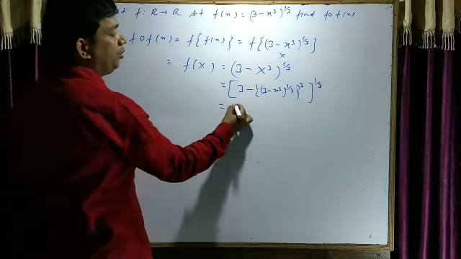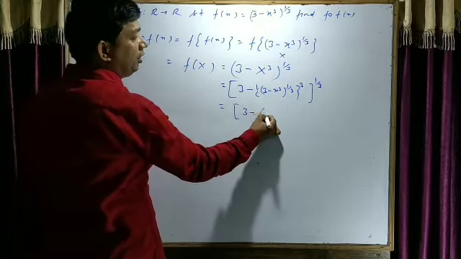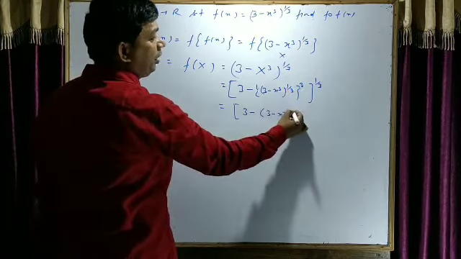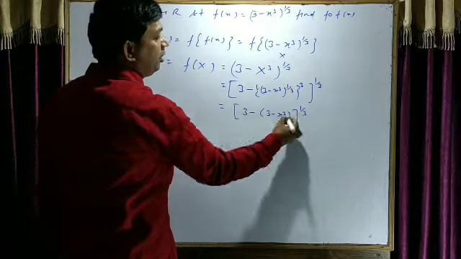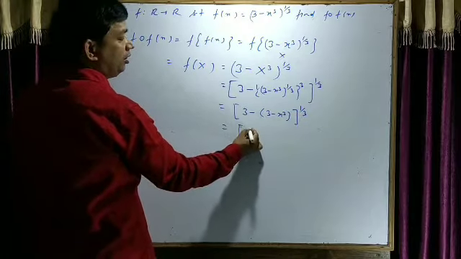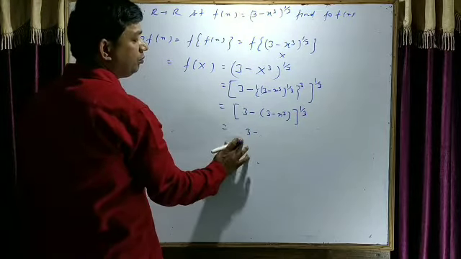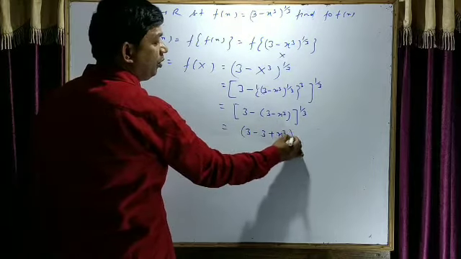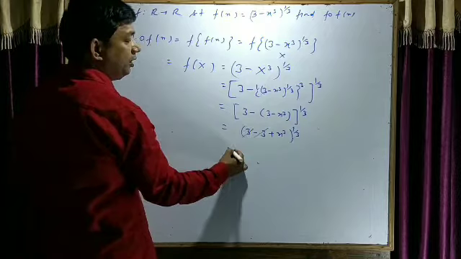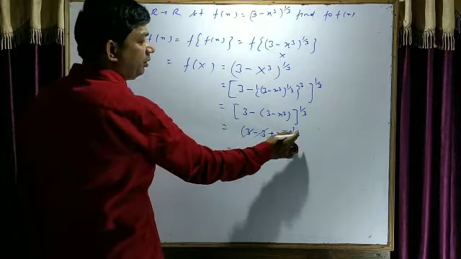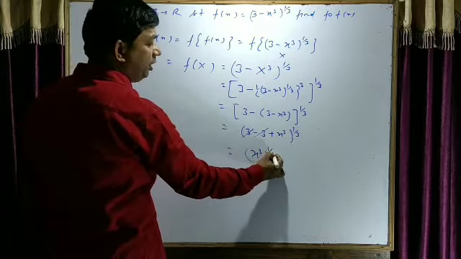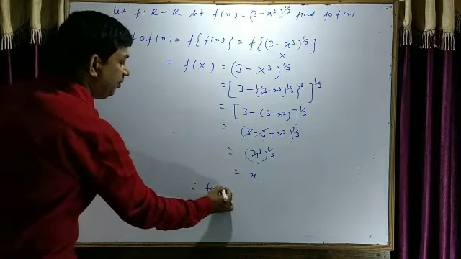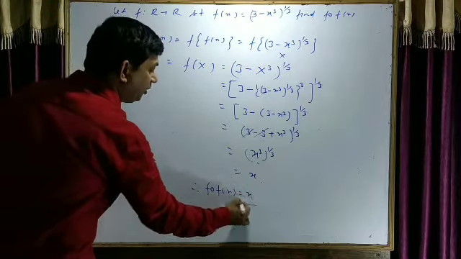So this is equal to 3 minus x cubed, because the power cancels, and 1 by 3. So this is 3 minus 3 plus x cubed, whole power 1 by 3. So x to the power 3 whole 1 by 3, that is x. Therefore f composition f of x equals x.